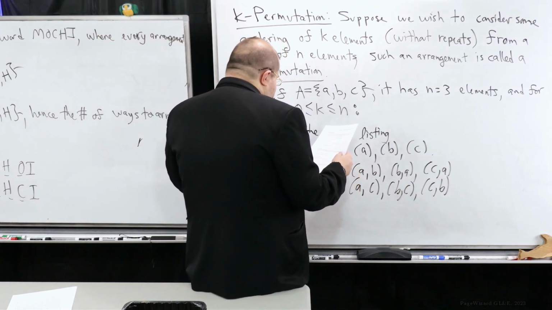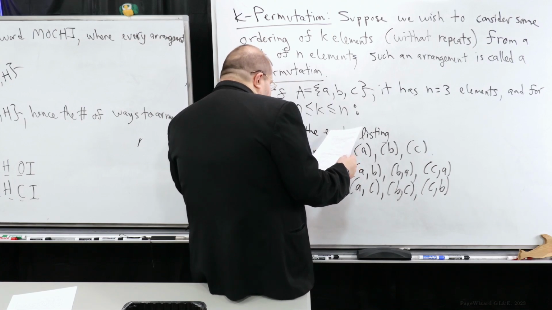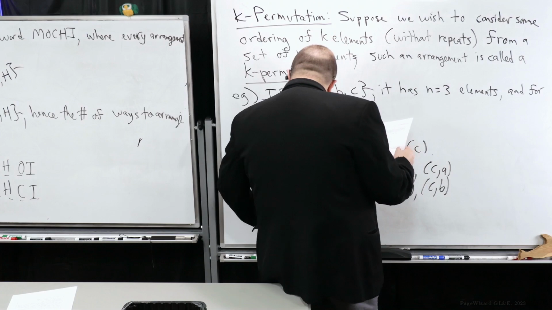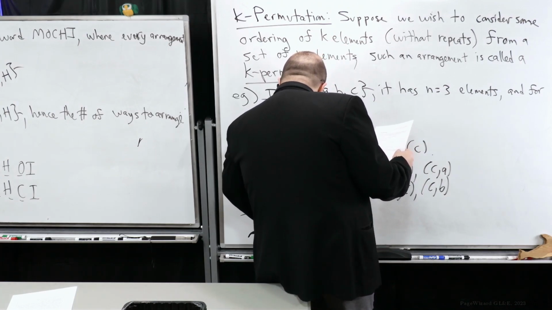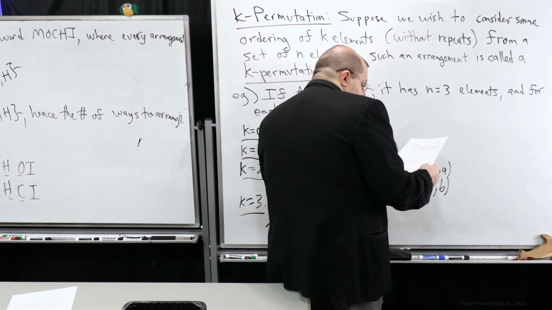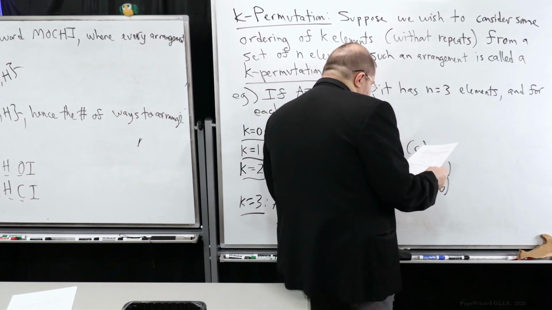So you could do this again. Now let's suppose that we consider the case when we have 3, which happens to be n in this case. Again, there are 6.